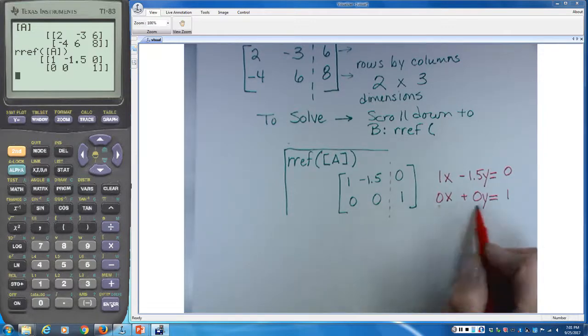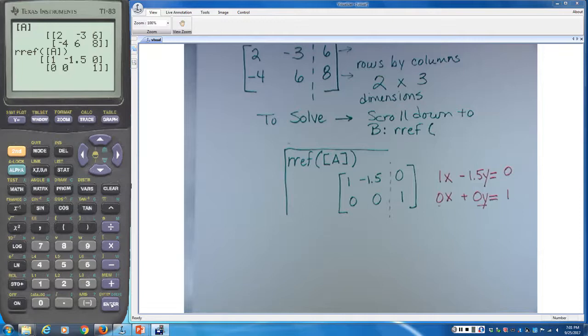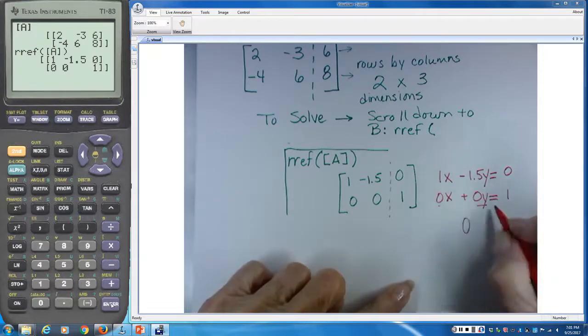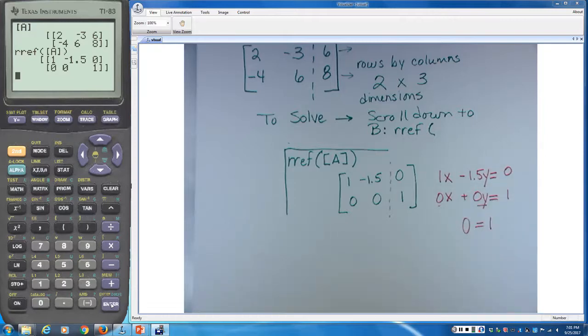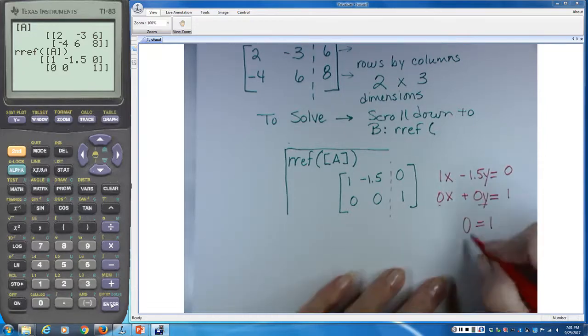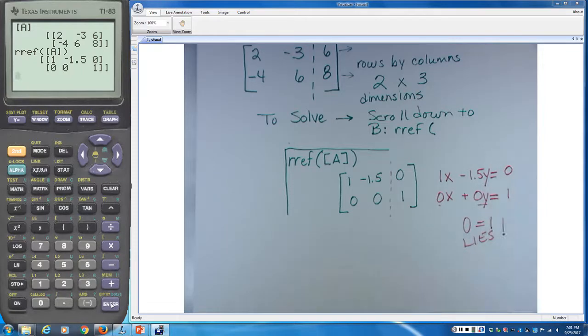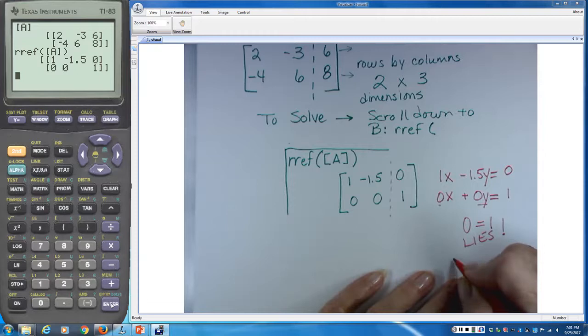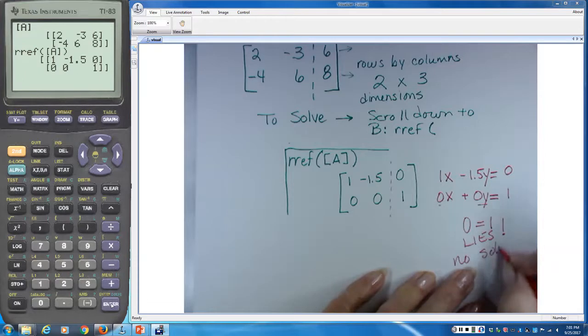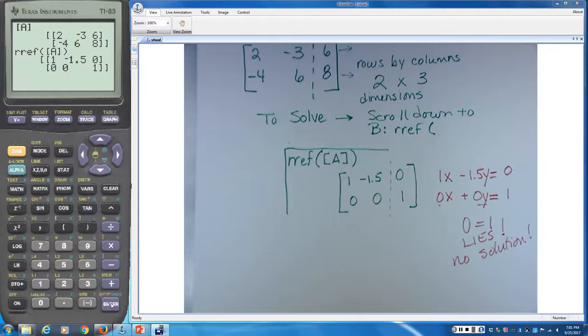If you have no x's and no y's, what does that add up to? Nothing. But it says nothing's equal to 1. Is it? Nope. That's a lie. So there's no solution. Okay? There is no solution to that one.